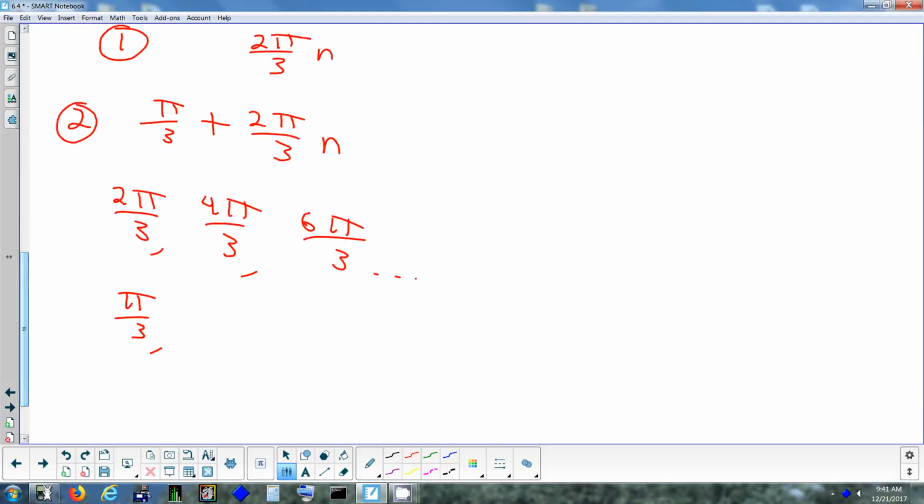What do you get if you add 2 pi over 3 to pi over 3? You get pi. I'm going to write it as 3 pi over 3 for a second just to see the pattern. Now the next one is another 2 pi over 3, and another 2 pi over 3. So could anyone describe where my asymptotes occur here?